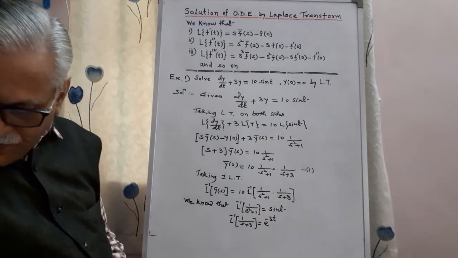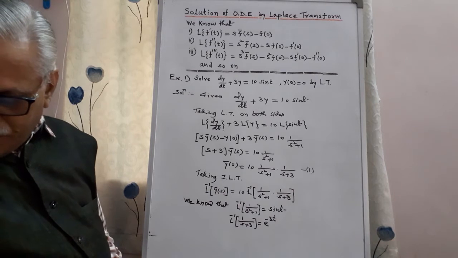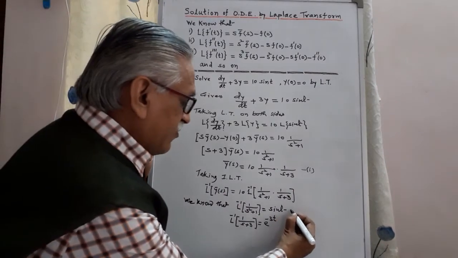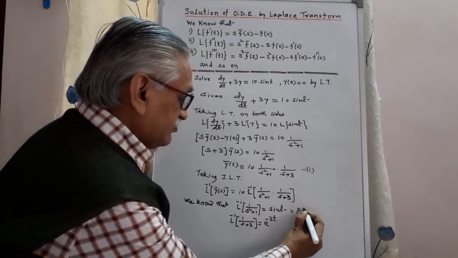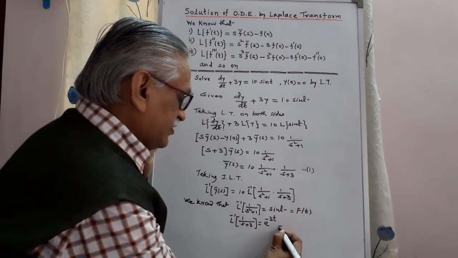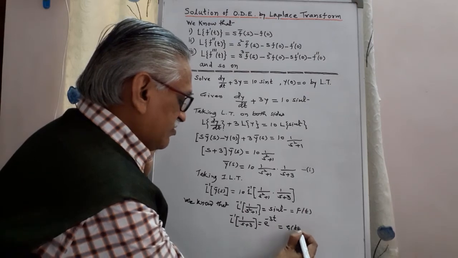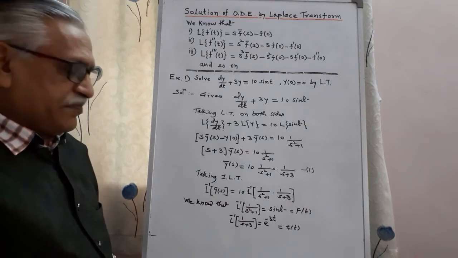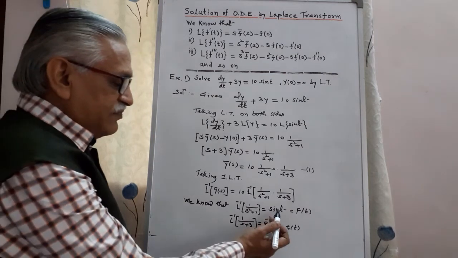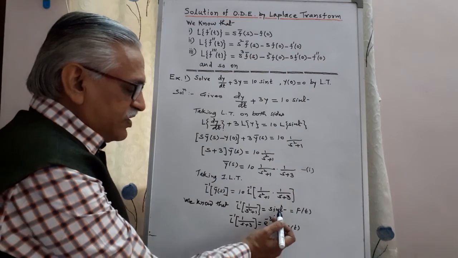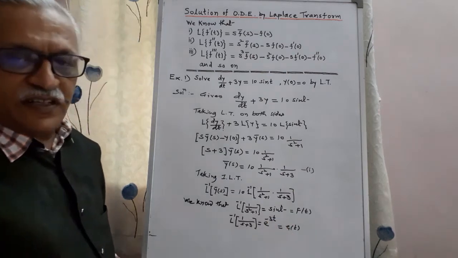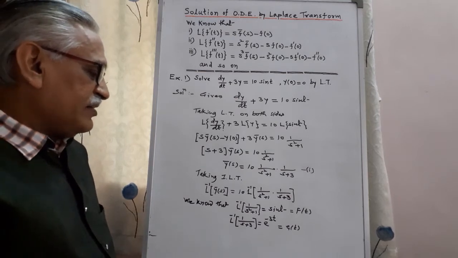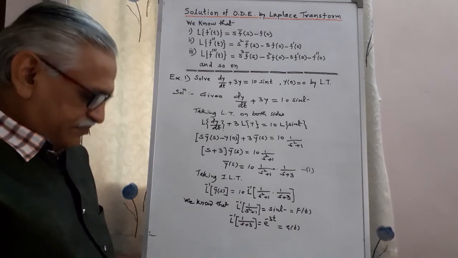One term we call f of t, the second term we call g of t. Or we can interchange, the final answer will be the same. Here both functions have one term of t, therefore we can consider any one of them as g of t. And then finding the inverse by convolution theorem.